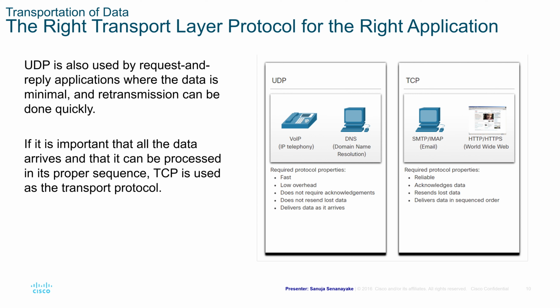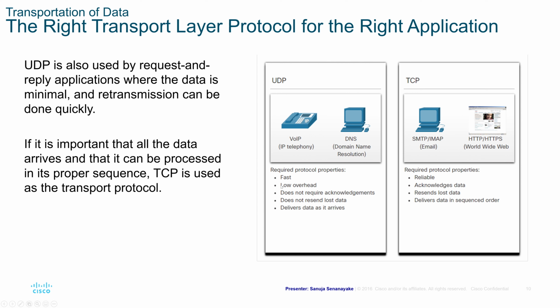So for example, UDP is used in VoIP, the Voice over Internet Protocol, and DNS. While TCP is used for email, SMTP, IMAP, and HTTP and HTTPS web hosting.